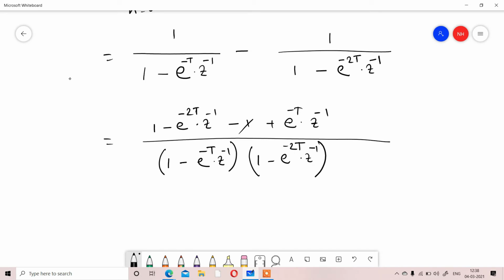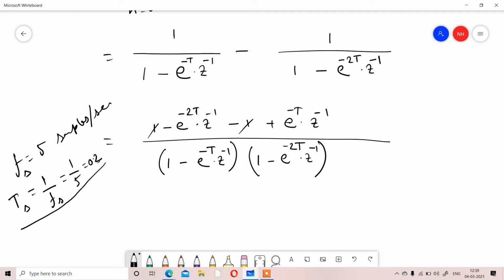So 1 will be cancelled out. And fs is given as 5 samples per second. Therefore Ts, or simply T, will be 1 by fs, that is 1 by 5, so 0.2.